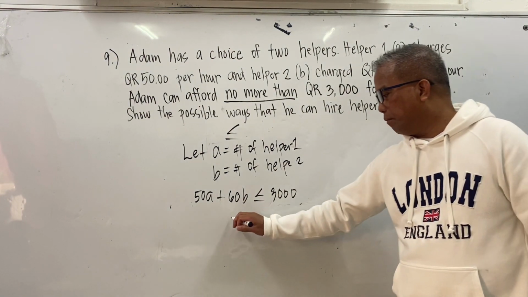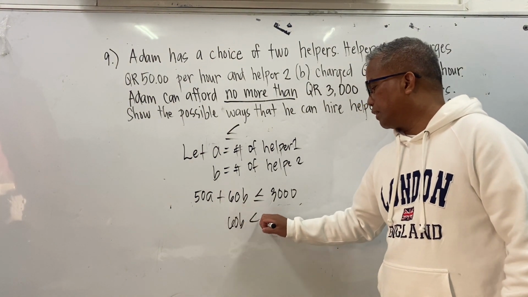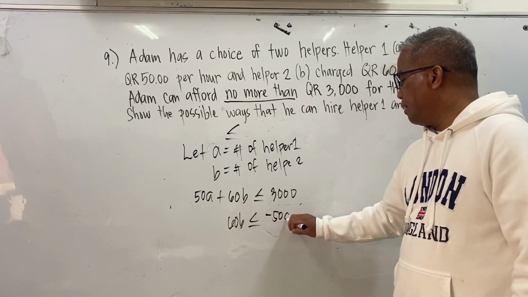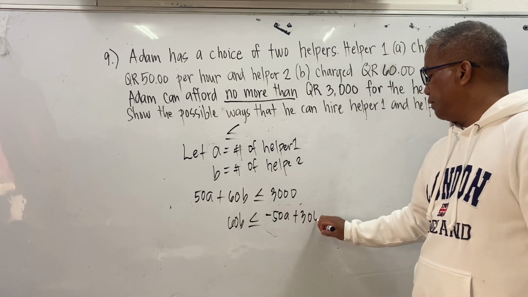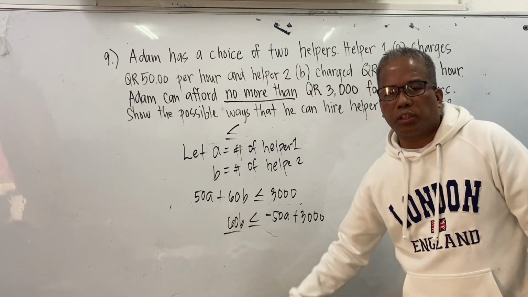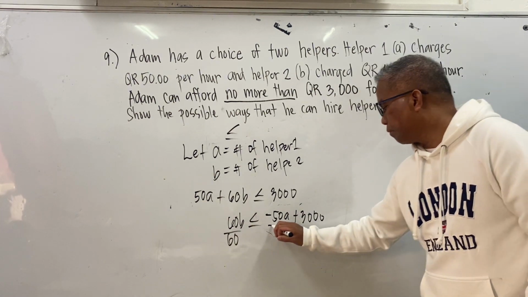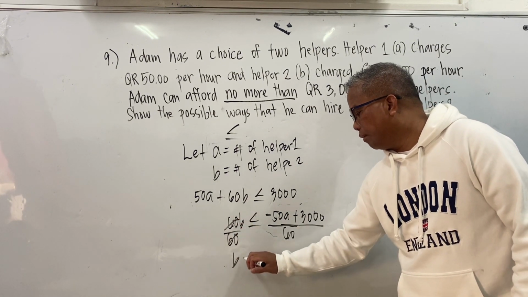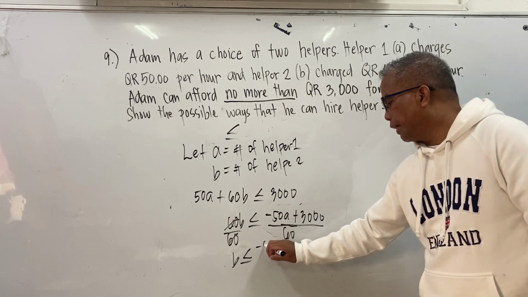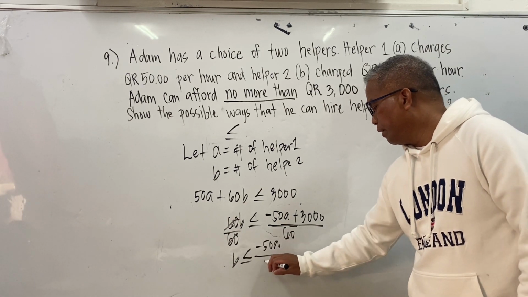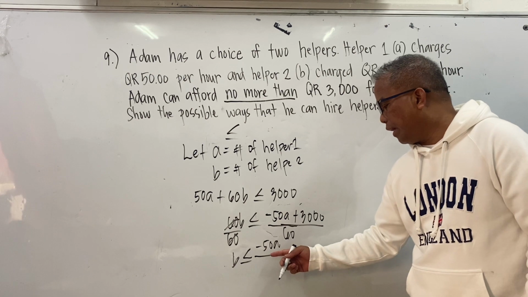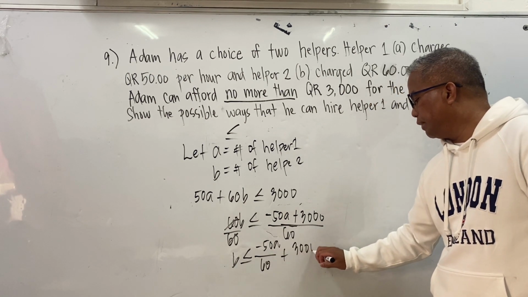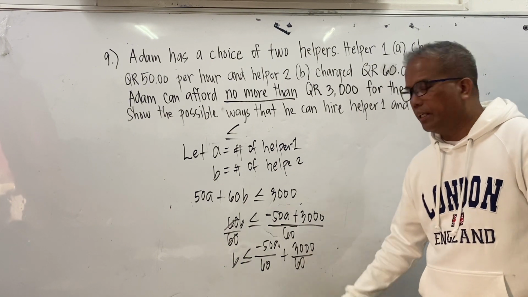Solving for B, we have 60B less than or equal to negative 50A plus 3,000. Dividing both sides by 60, cancel this, it will become 1, B less than or equal to negative 50A over 60 plus 3,000 over 60.